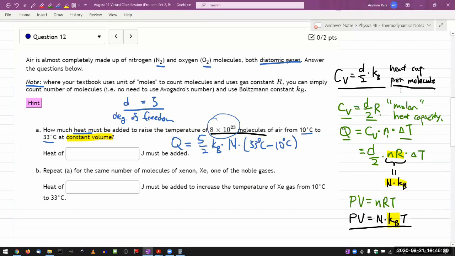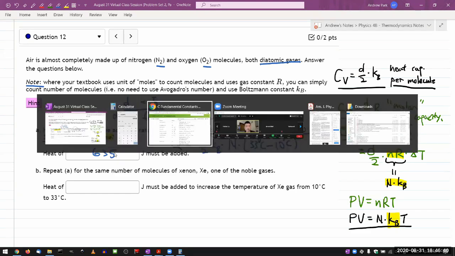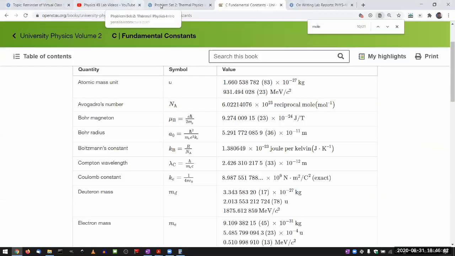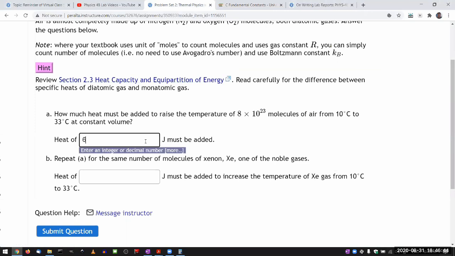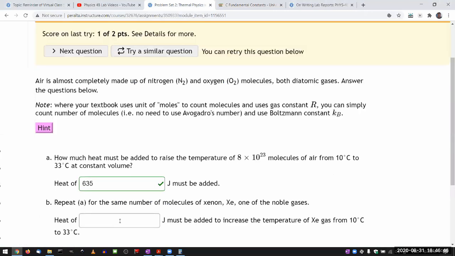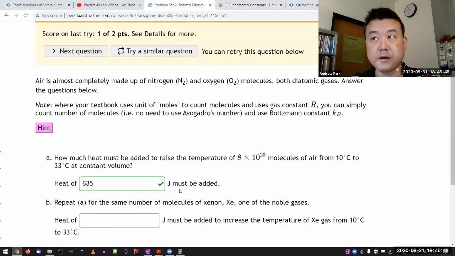Let me write that down here. Heat of 635 joules must be added. And let me just plug in to double check that it gets graded as correct and there's nothing I need to fix. 635. Good. So that's how you should do it.